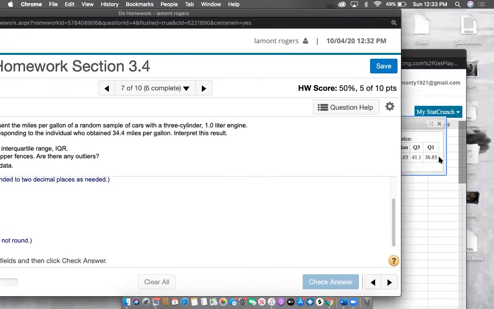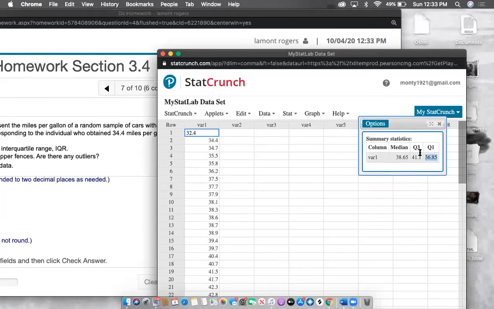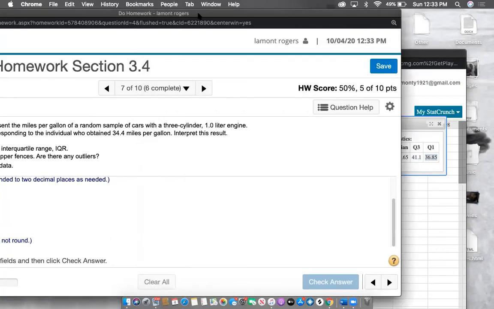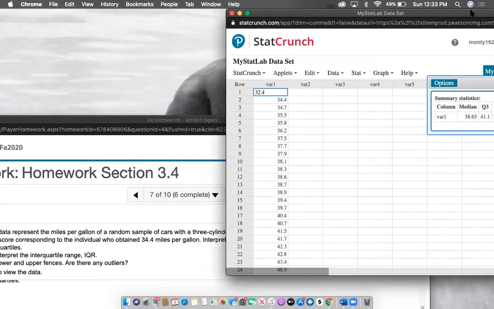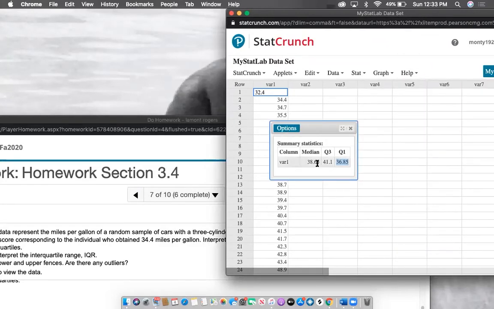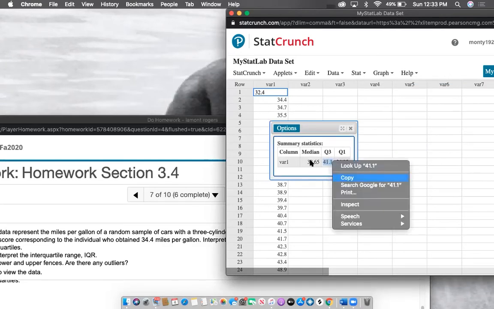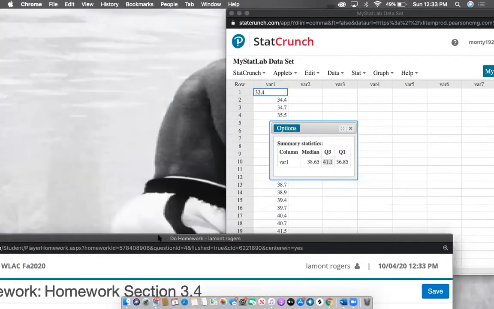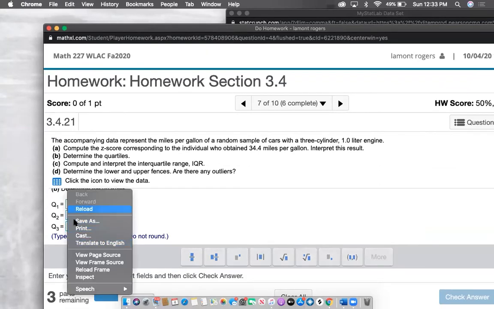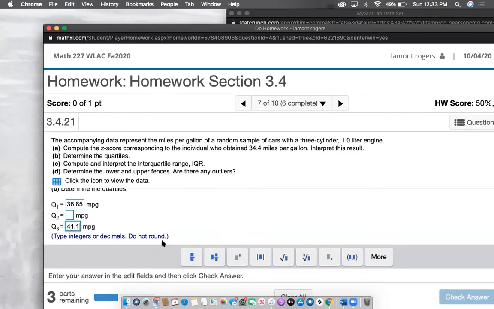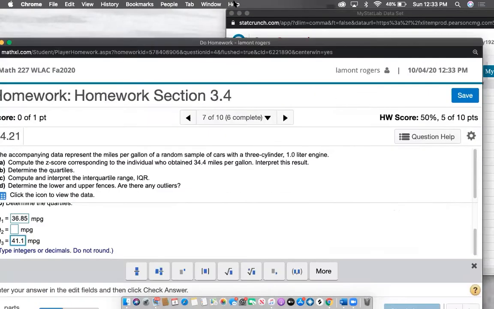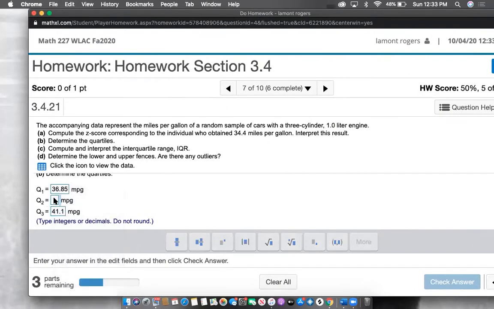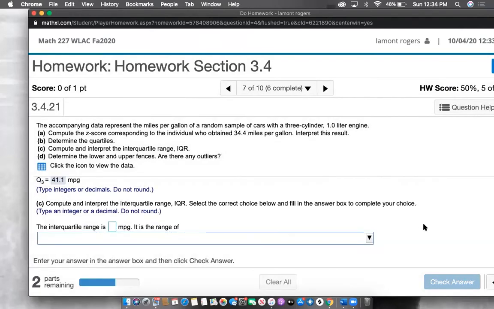So Q1, let me just copy and paste, be faster. Cool. You got it?